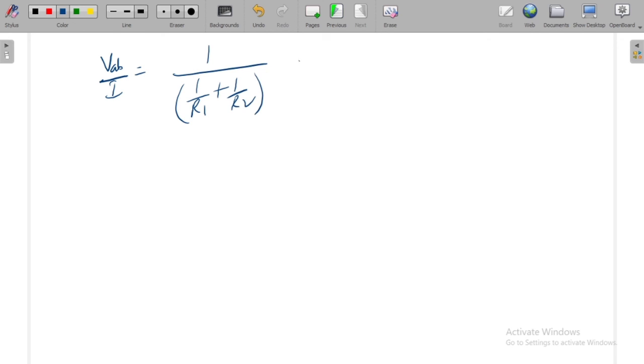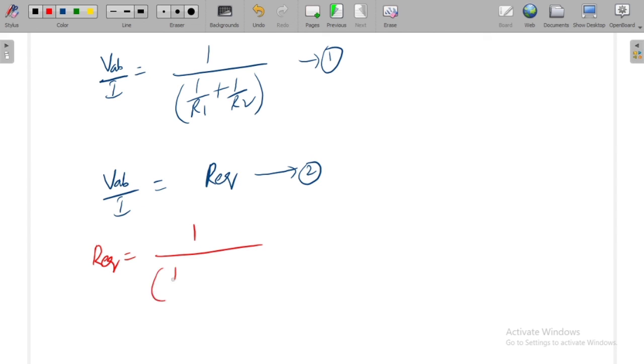I am just writing again. From the first circuit I got this, and from the second circuit I got the same: the ratio between voltage and current as R equivalent. Now as the LHS are equal, I can equate the RHS terms. So R equivalent is given by 1 divided by 1 by R1 plus 1 by R2.